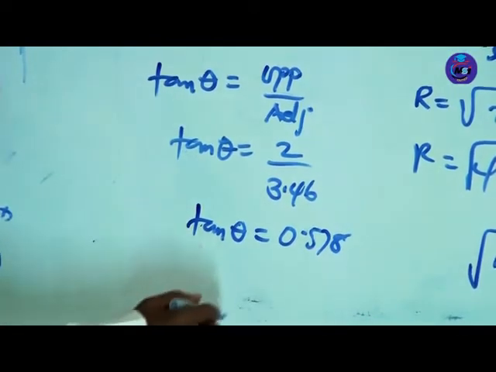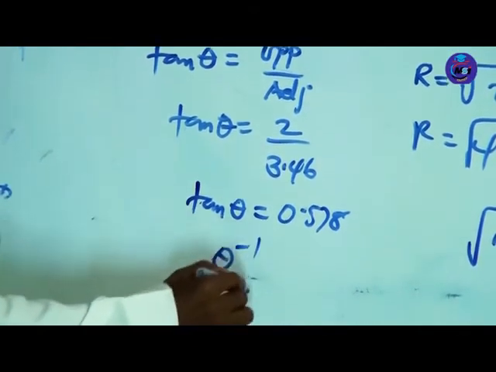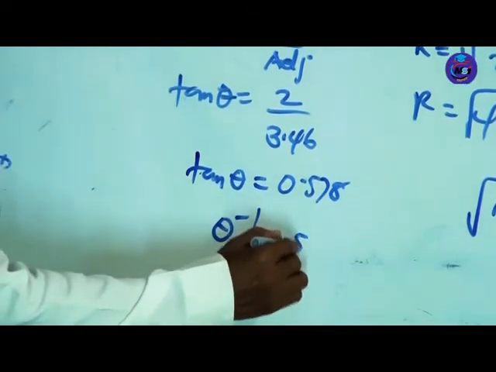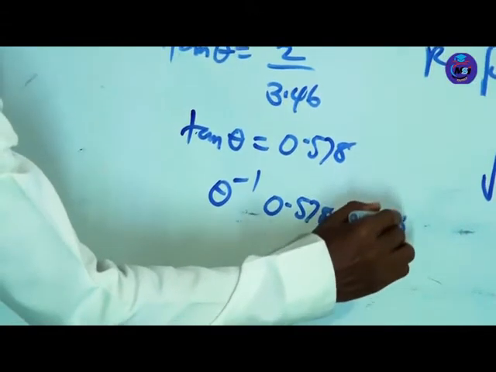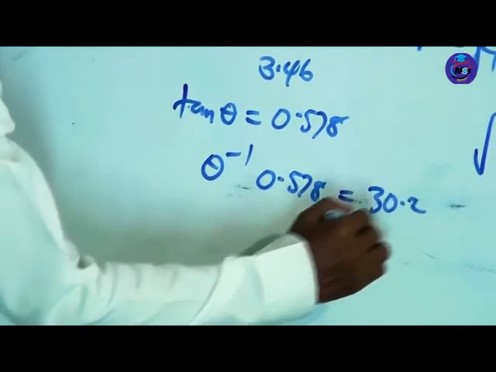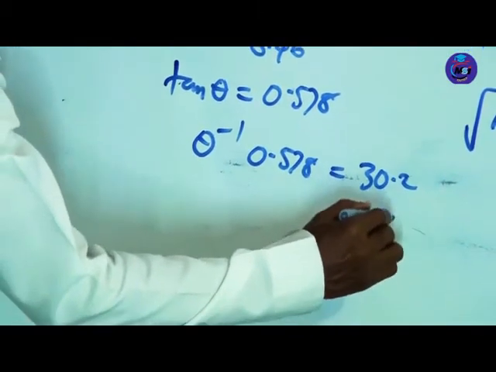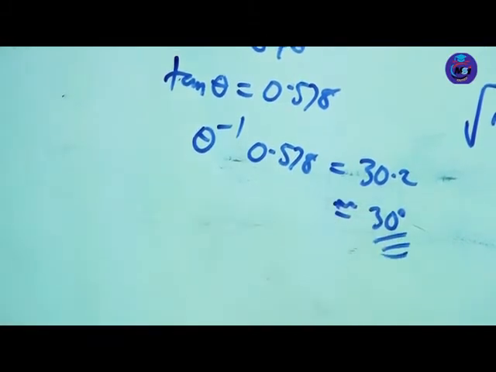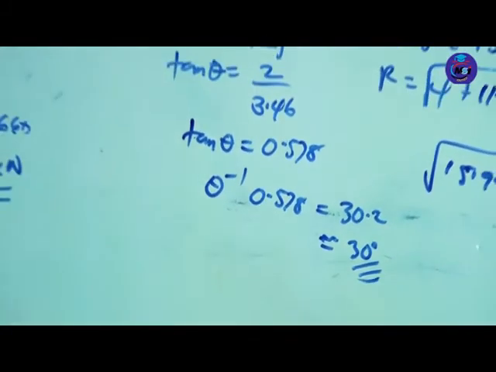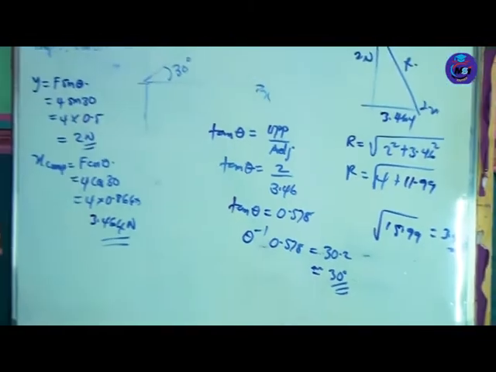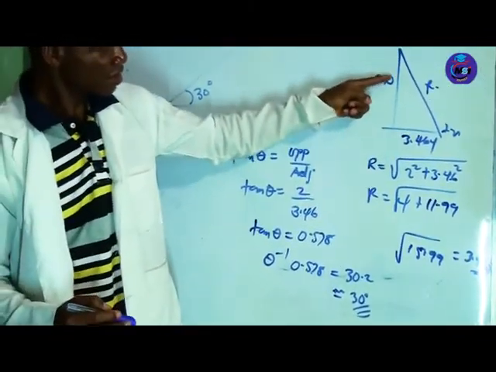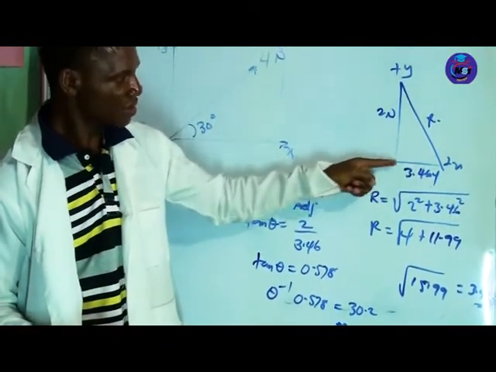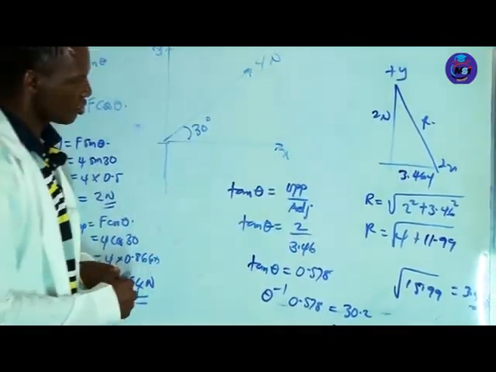So now find the inverse of that. Tan inverse of 0.578 is equal to 30.2, approximately 30 degrees. So that is the direction. So if you want to locate it now, you can put it as northwest, that direction.